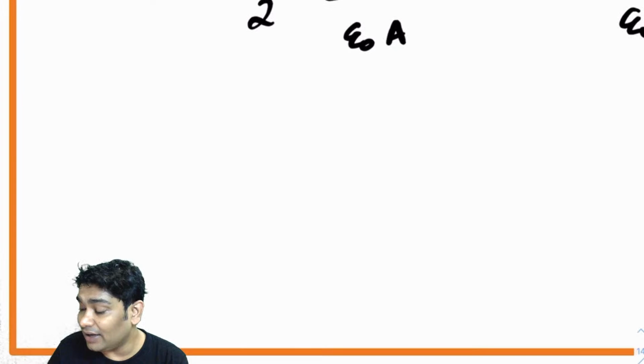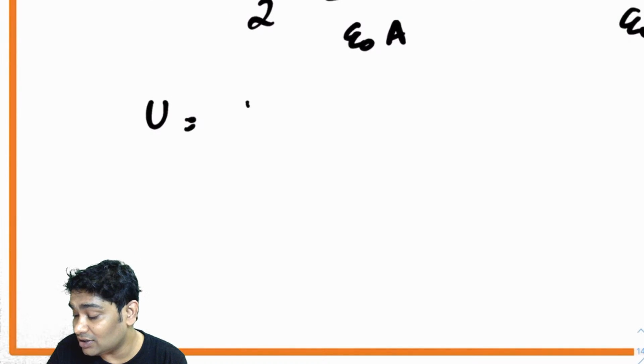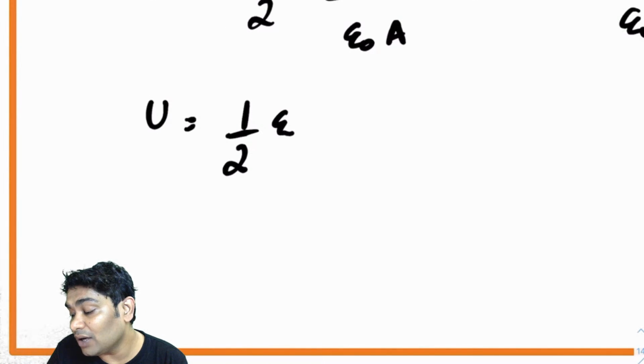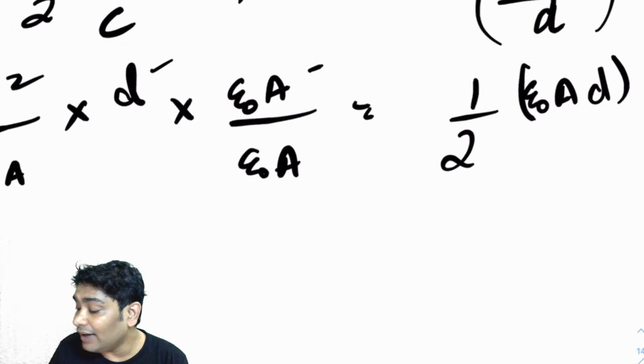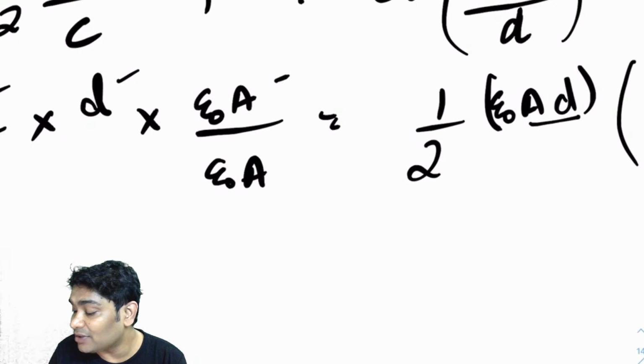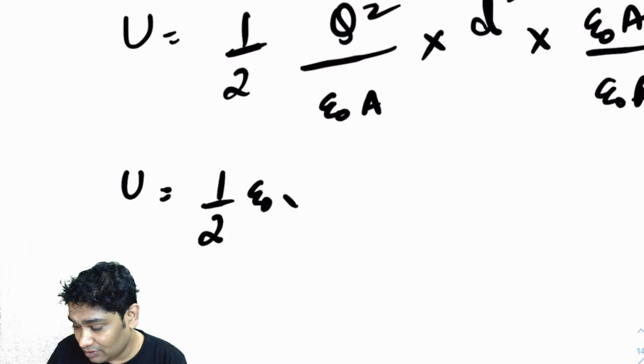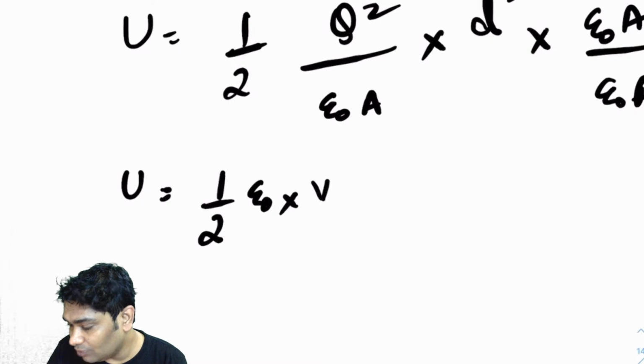So now I can rewrite this as U equals 1 by 2 epsilon naught. And I can write A times D, which I know is the volume, into volume.